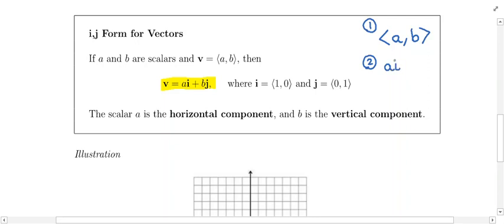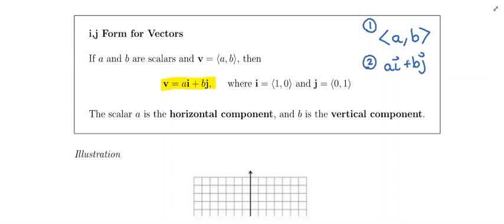So this would be ai + bj. The scalar a is, of course, the horizontal component of your vector, and the scalar b is the vertical component.